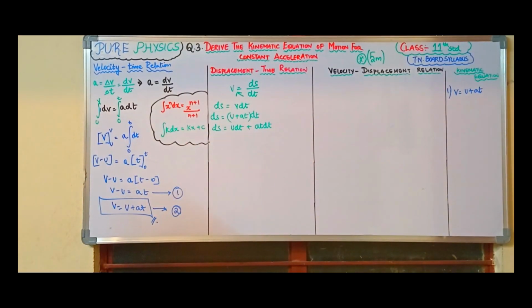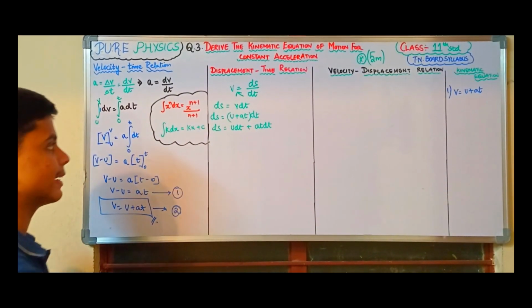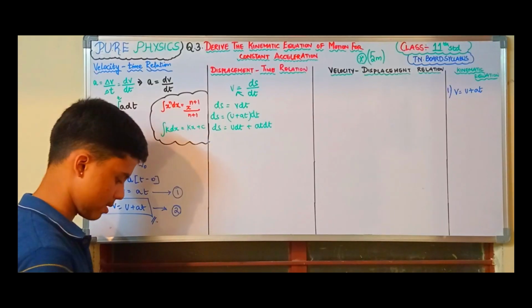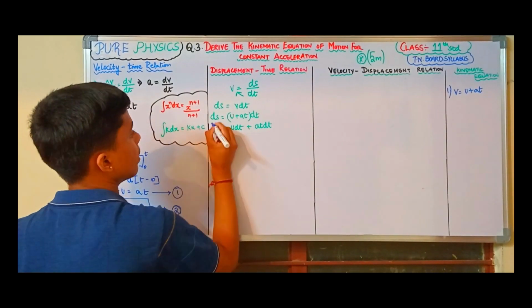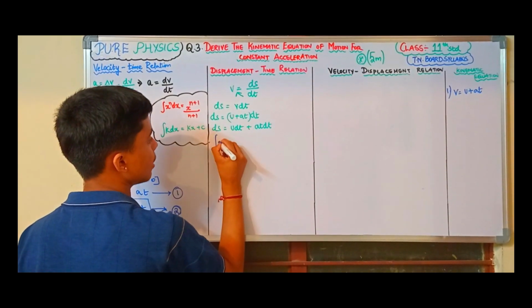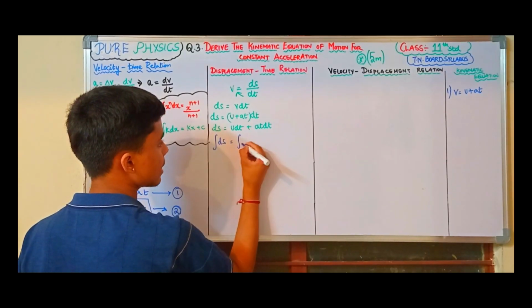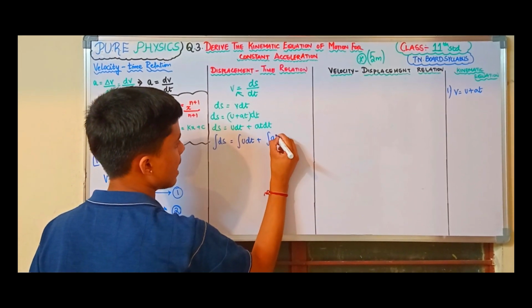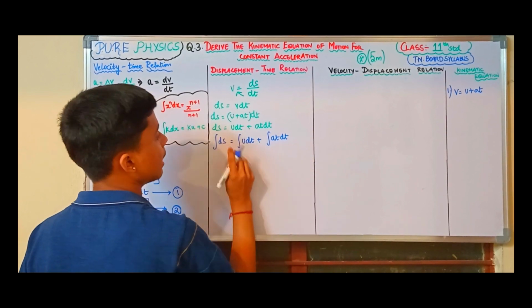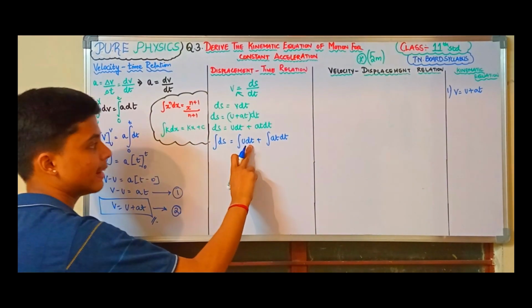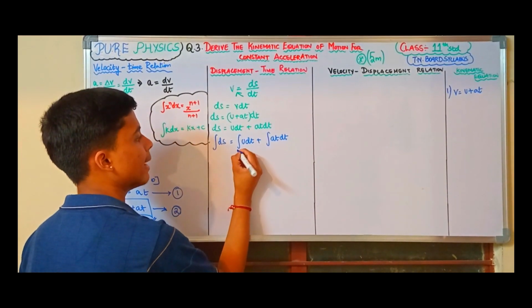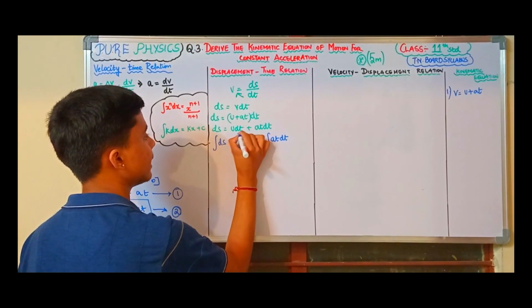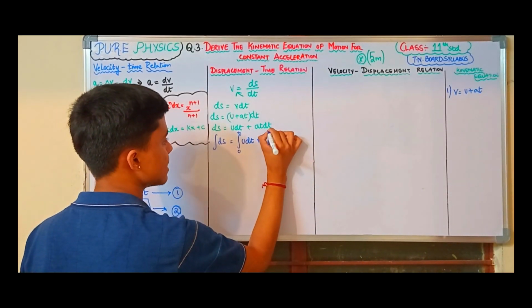Now I'll integrate all these terms. So I'll take integration of ds is equal to integration of u dt plus integration of at dt. Since I am going to integrate with respect to time, my limits will be from 0 second to t seconds.